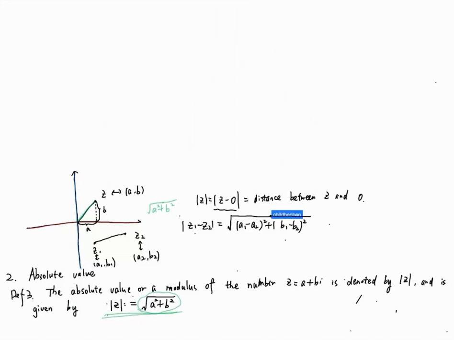So the meaning of this is the distance between z1 and z2 on the complex plane.